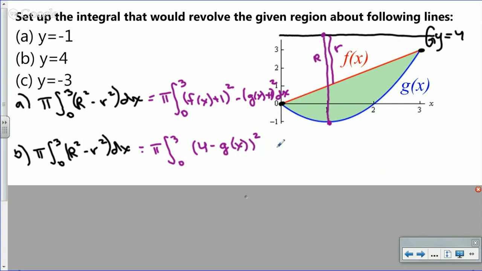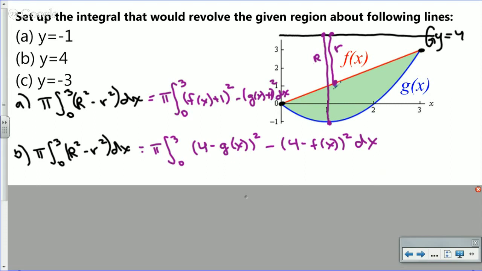Square that. Then minus little r, again do top minus bottom, that's going to be 4 minus f of x. And square that, dx. And that's it.